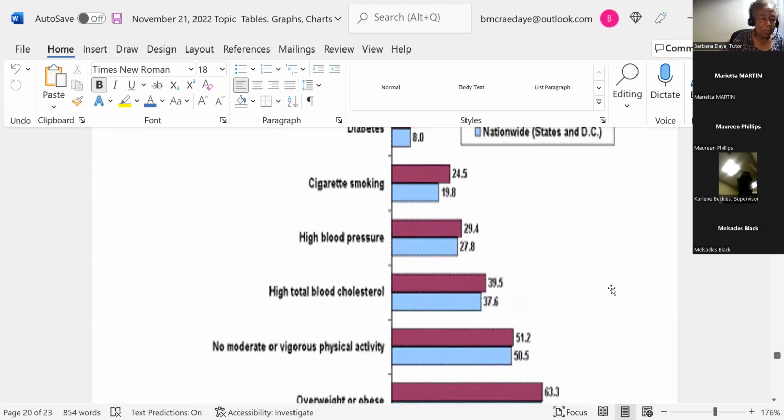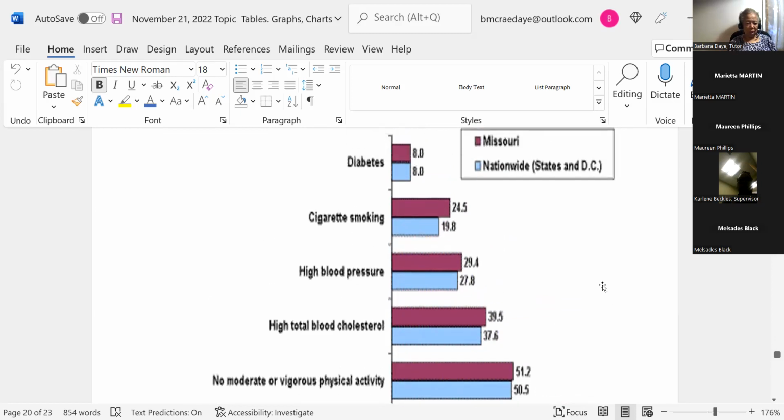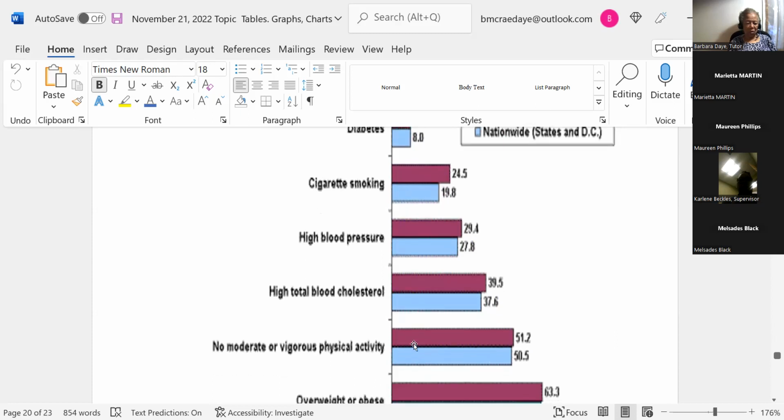What about high blood cholesterol? Missouri is in red, and it's higher than nationwide. What about no moderate or vigorous physical activity?